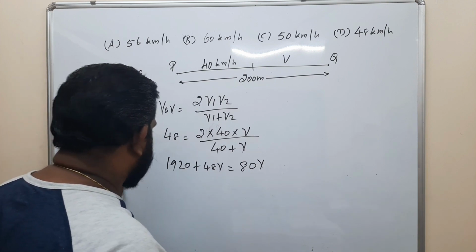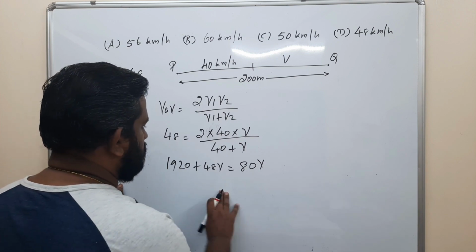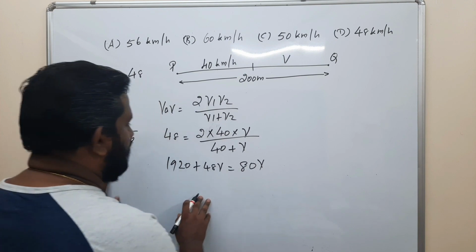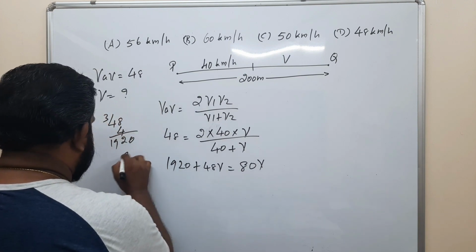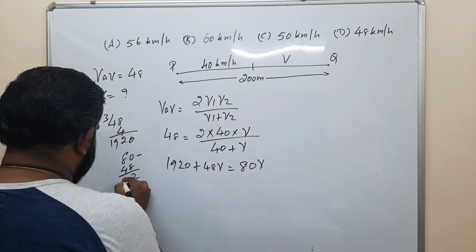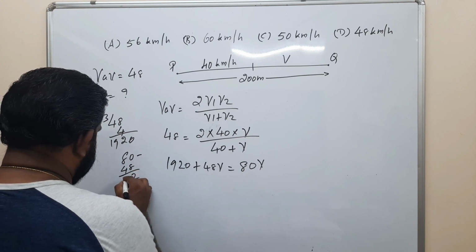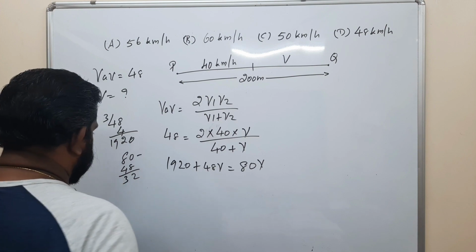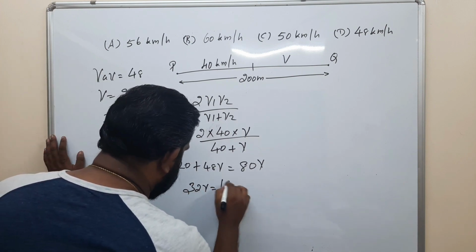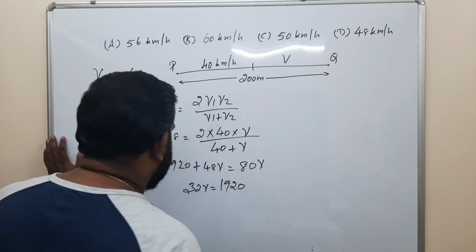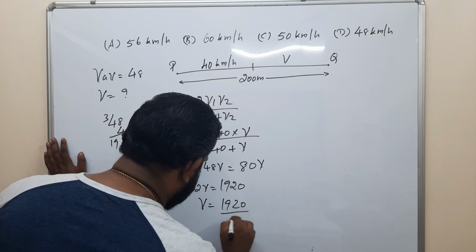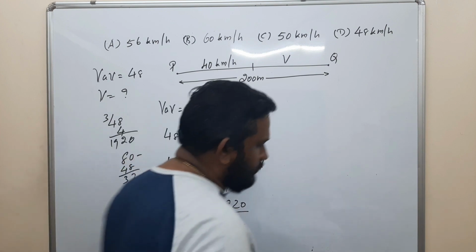So from this, 80v minus 48v, so 32v is equal to 1920. So v is equal to 1920 divided by 32.